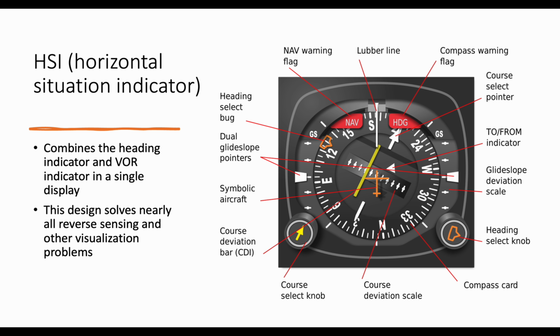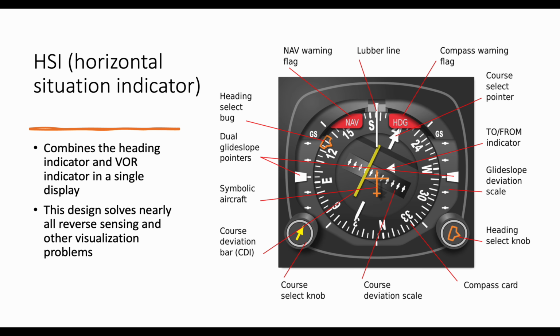Some aircraft are equipped with an HSI, which stands for Horizontal Situation Indicator. You could have a mechanical one, or if you fly something with a G1000, there's an HSI rather than a heading indicator. What this means is it's a combined heading indicator with a VOR indicator or navigation capabilities.